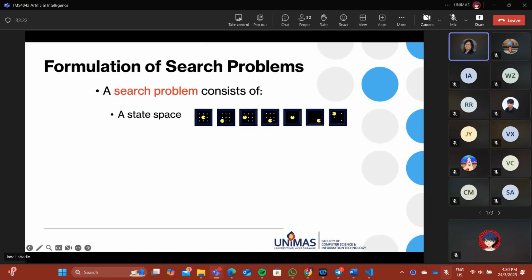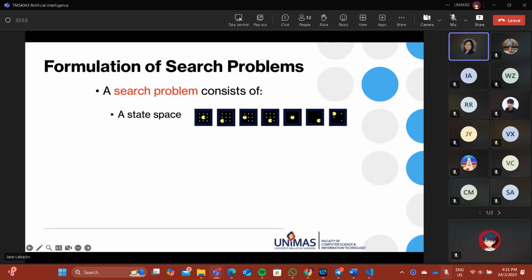If you look at the first one here on the left, in comparison to the fifth one, they are both in the middle, but they are completely different states.